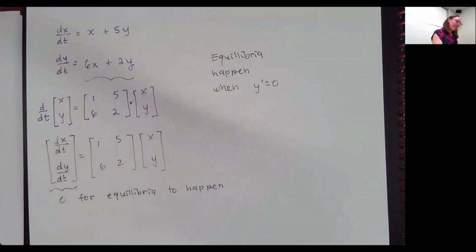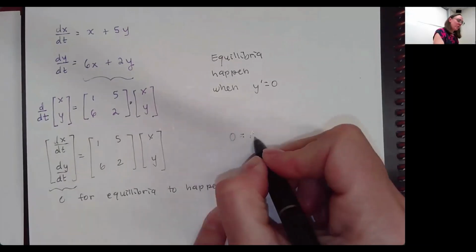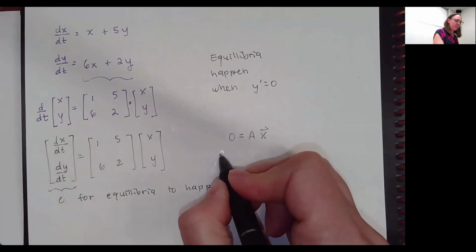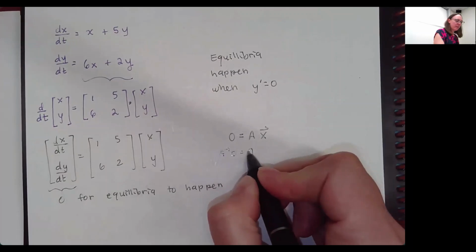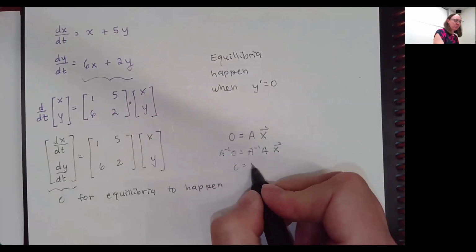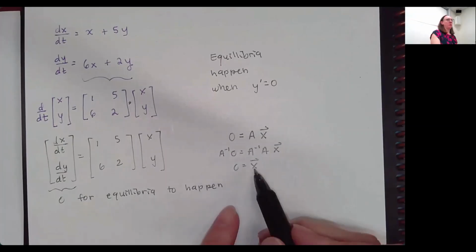Essentially I've got something that looks like 0 is equal to a matrix times a vector. And if A is invertible, then I only get the boring solution that X is 0. So for a linear system of differential equations, we only ever have the boring equilibria.